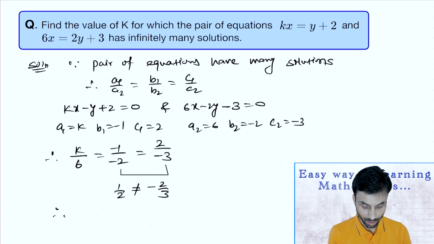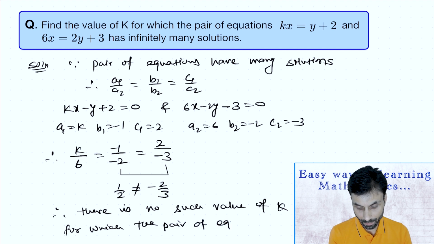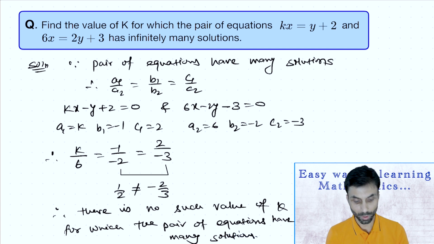Therefore, there is no such value of K for which the pair of equations has infinitely many solutions. So there is no such value of K.